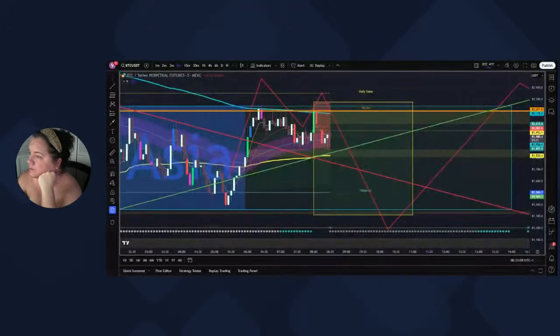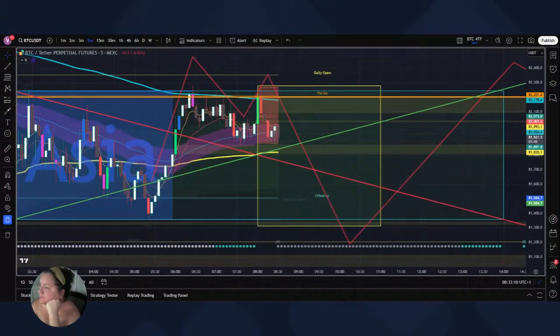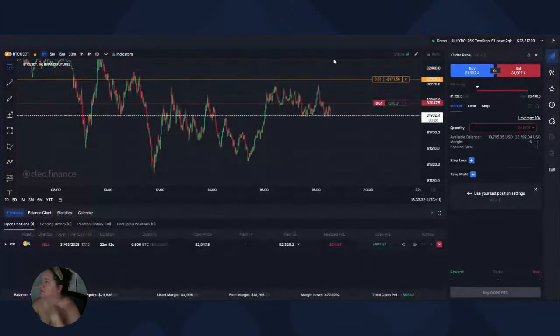There we go. That's better. So it does look like we are going to get this pushed down. There you go. This one. That's the one I want.